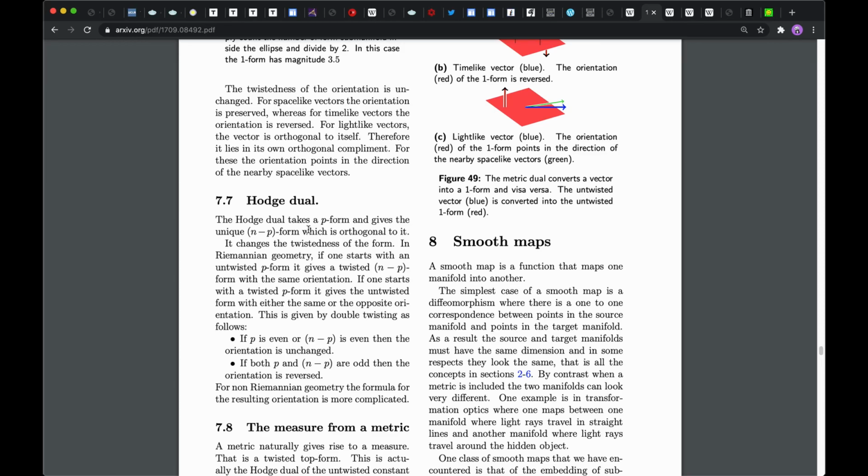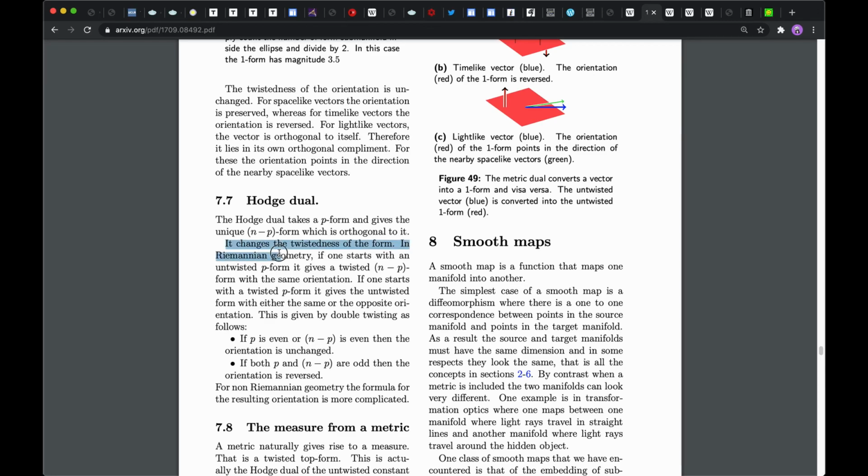And the Hodge dual makes the connection between the P forms and n minus P forms, and in that case the n minus P form will also be the orthogonal complement, but now for the P form surface.